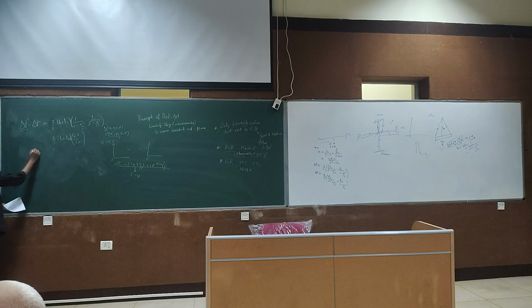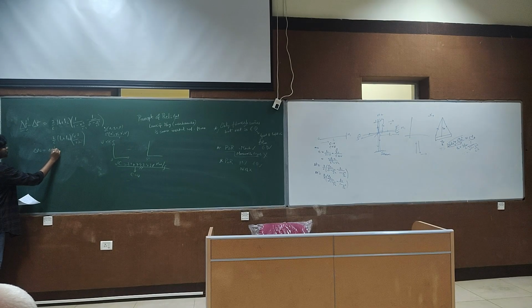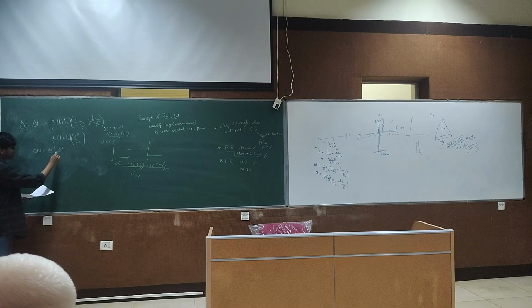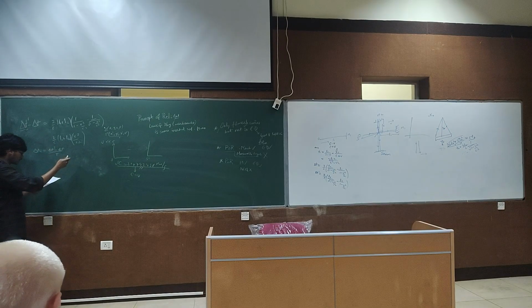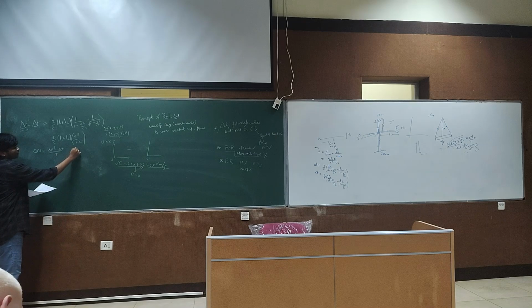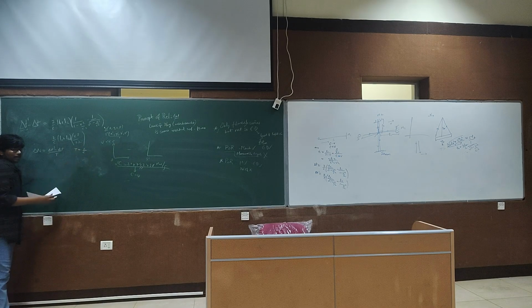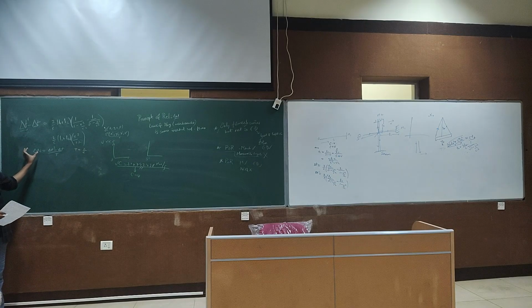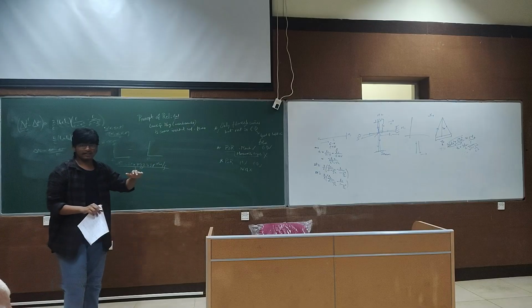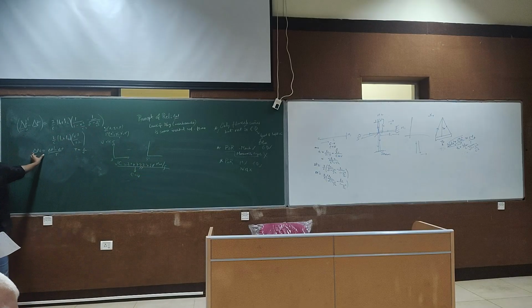If you want, I can show you the calculation. Since it is an oscillating wave, T will be lambda by c, and from this you get some delta n. This delta n is related to the whole delta. When you rotate the apparatus by 90 degrees, you need to see a change in fringes.